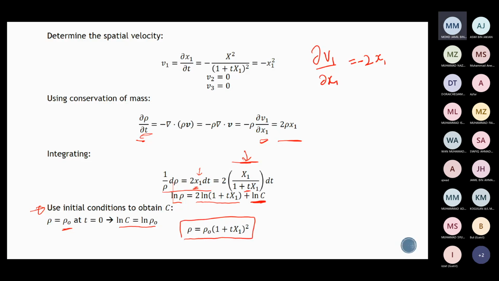Okay, so the density will depend on the initial density and only x1, okay, and time. Okay, so it's fairly straightforward. You just need to integrate your equation carefully, okay? So please make sure that you don't make silly mistakes.